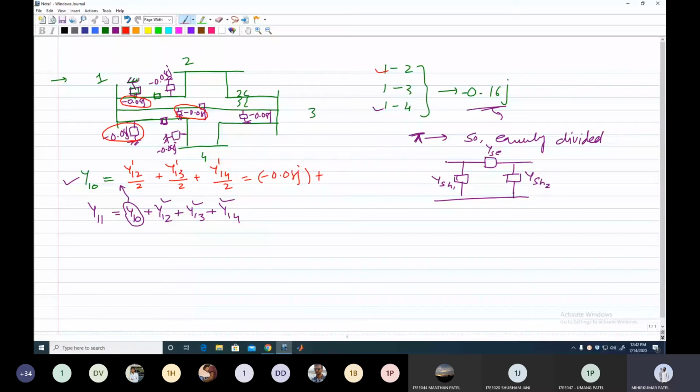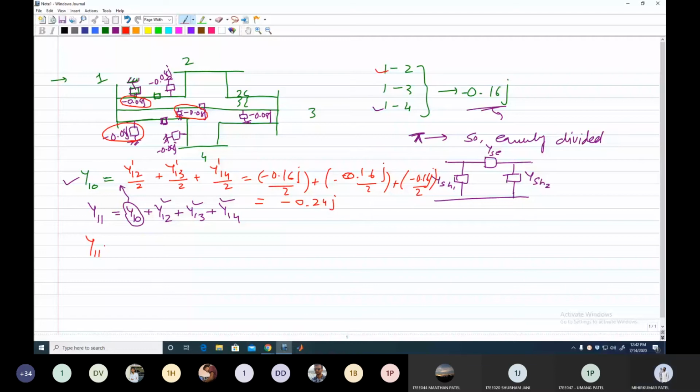Or, if you want to write all the values, it is minus 0.16j by 2, plus minus 0.16j by 2, again plus minus 0.16j by 2. Clear? So what is the final answer? It is minus 0.24j.